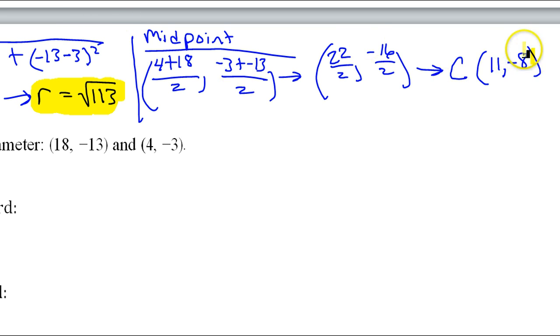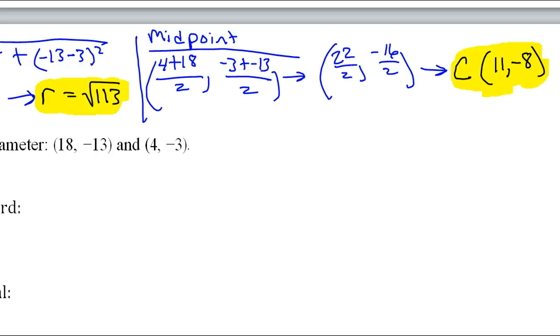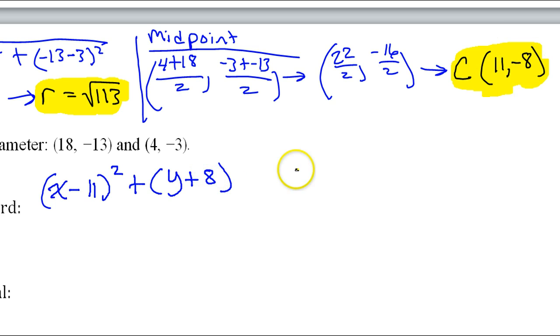Okay, so look guys, now I have my center and my radius, so I'm ready to do the equation. The standard form equation is the one with all the parentheses in it. So that's x minus h, so x minus 11 squared, plus y minus k, but since it's already negative, it's going to wind up being positive, or you can think of it as doing the opposite.